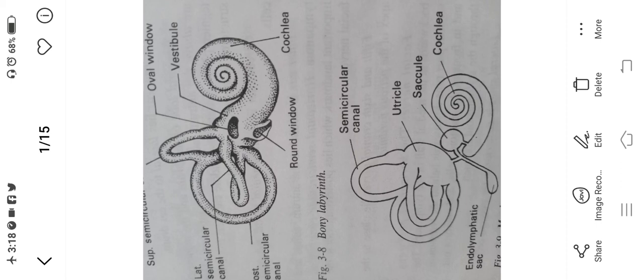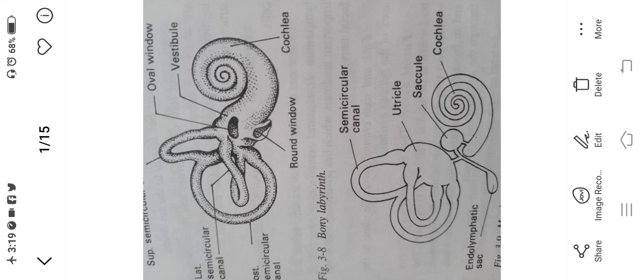And the last one is the cochlear duct. The cochlea is a tube lying in the bony cochlea, and it is coiled for 2.5 turns around the central bony modiolus. It is connected to the saccule by the ductus reuniens, and the cochlear duct is triangular in cross section.